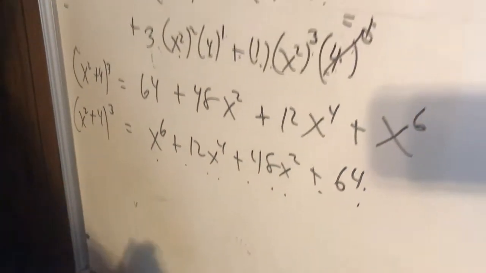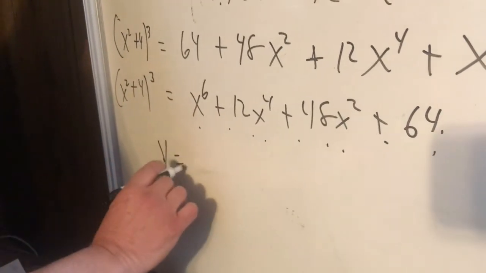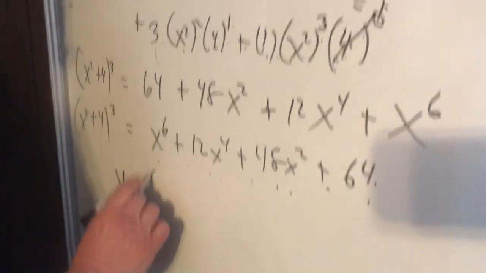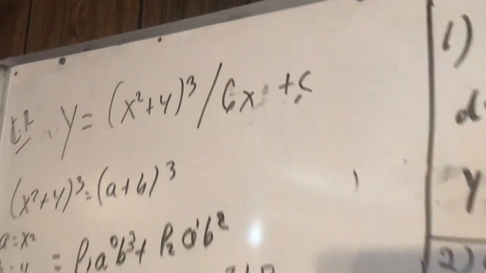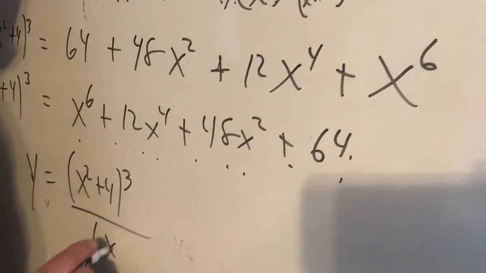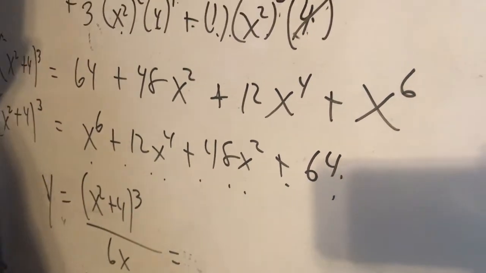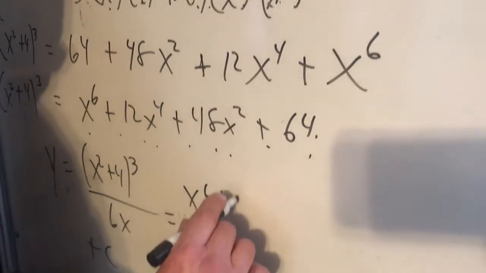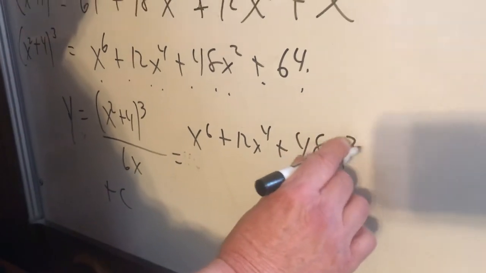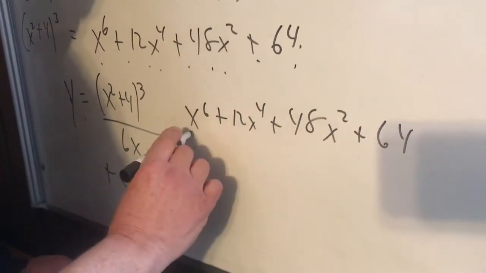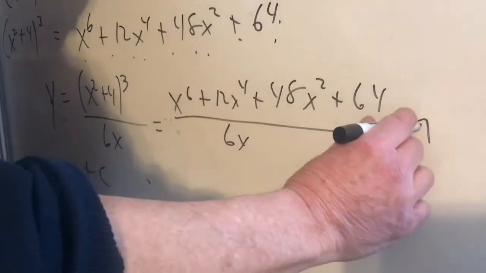Okay, so our solution from the chain rule was y equals x squared plus 4 to the third divided by 6x plus c. We'll put the c down here. So let's replace it with x to the 6th plus 12x to the 4th plus 48x squared plus 64, and divide that by 6x, plus c.